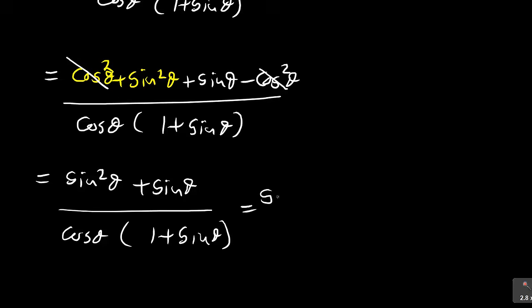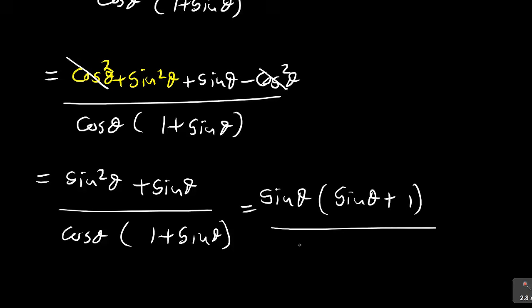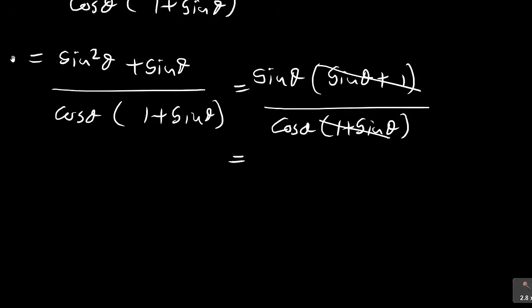What is common on top? It's sine theta. Sine theta into sine squared is sine theta. Sine theta into sine theta is 1 over cos theta, 1 plus sine theta. So sine theta plus 1 and 1 plus sine theta is the same. So you are left with sine theta over cos theta here.